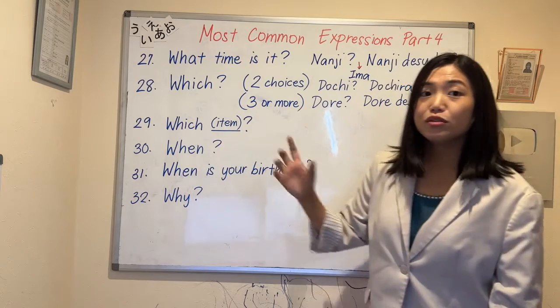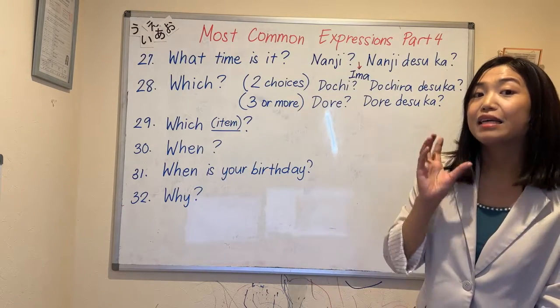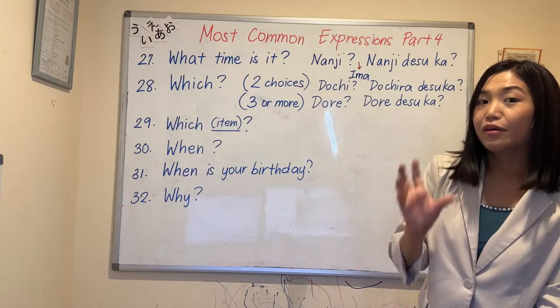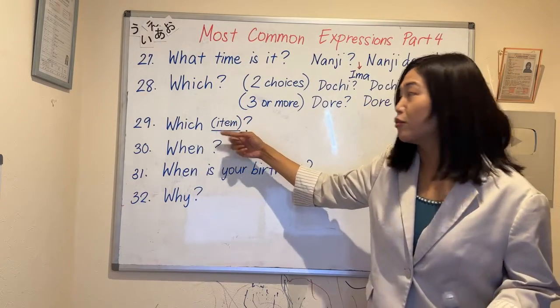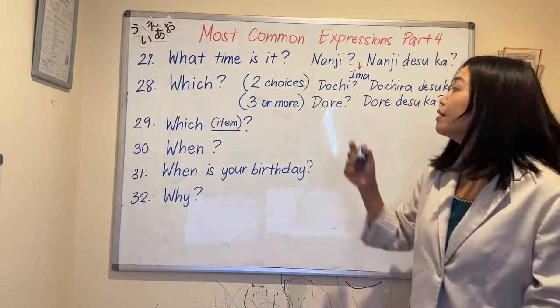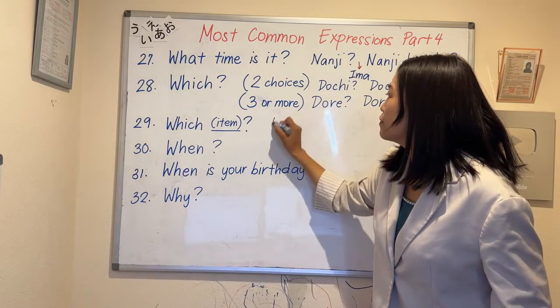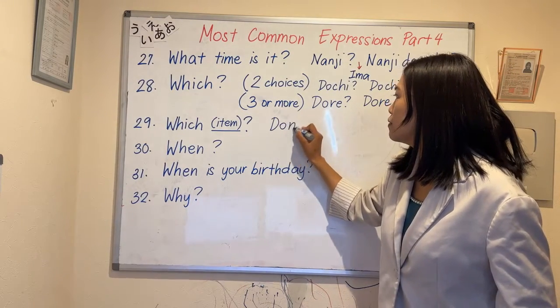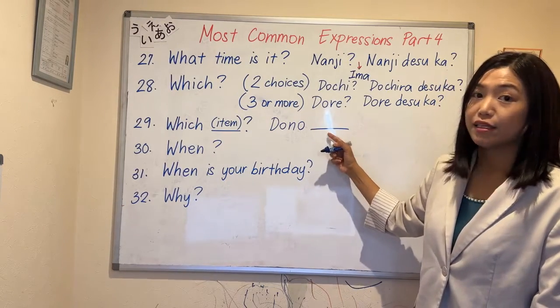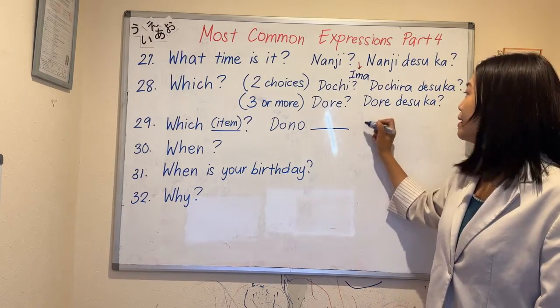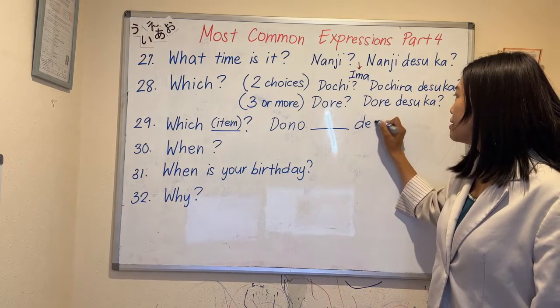Now, if you want to specifically say the name of the item, which object or which item, you want to say dono plus the object or the item, and then desu ka.